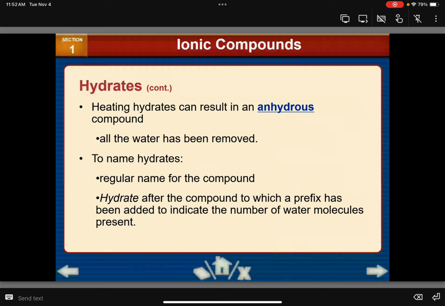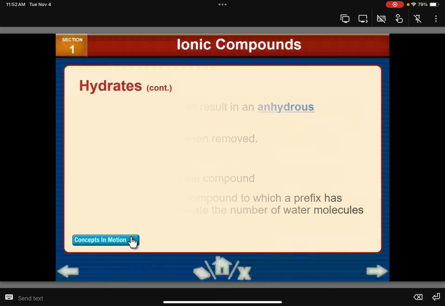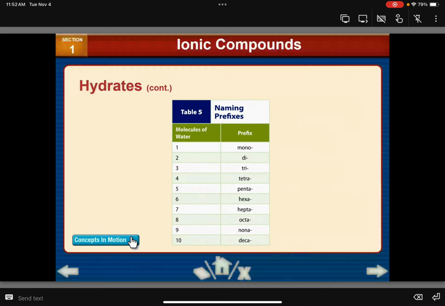Anyways, so this is sodium carbonate. It is a hydrate, and so we call it sodium carbonate. What type of hydrate is it? The 2? Okay, so we'd look at the number and we would call it that, so dihydrate. Okay, if this was a 4, what would we call it?